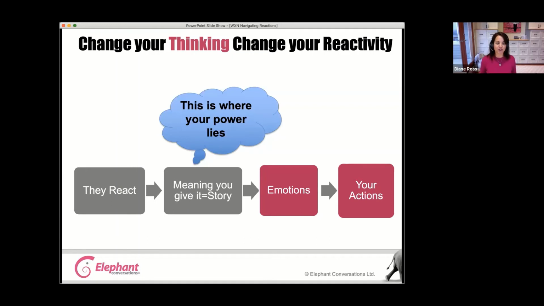And then the person's reaction is, well, actually, I didn't do that. And I think that you're being way too sensitive. And maybe I think you're overreacting. And you just need to grow thicker skin or something along those lines. Now, I get to choose the meaning that I make of that.